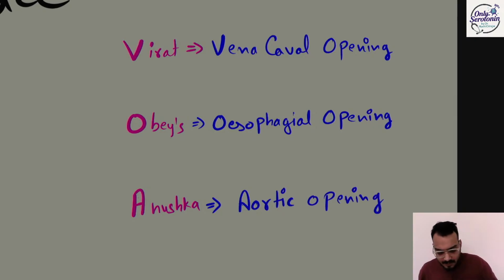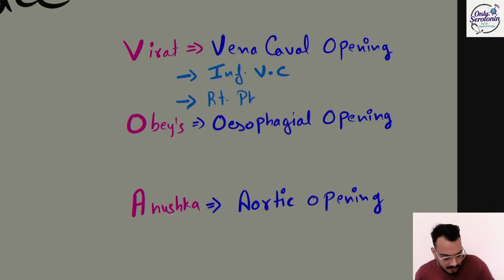From all these openings, something is coming out. What are these things, guys? From vena cava opening, I am going to have two things. What are these two things, guys? I am having inferior vena cava as well as I am having right phrenic nerve.